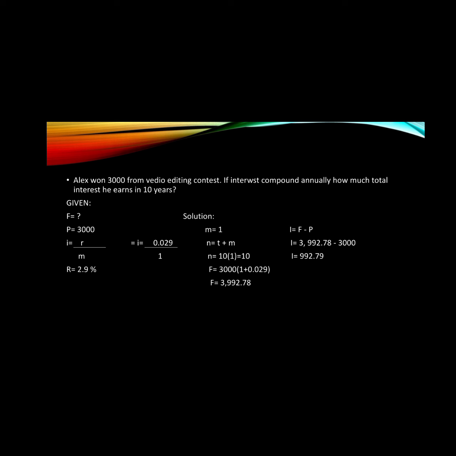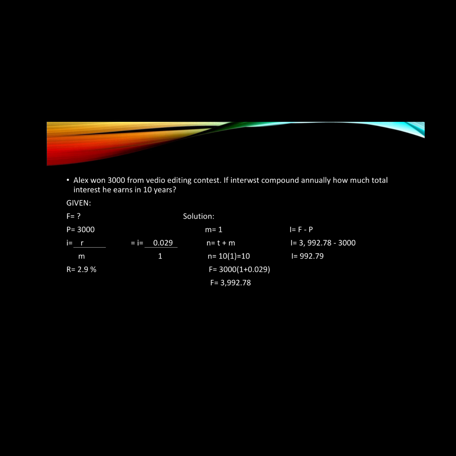So F is 3,000 times 1 plus 0.029 to the power of 10, which is 3,992.78. So this is the other side of the interest. Interest is equal to future value minus principal.